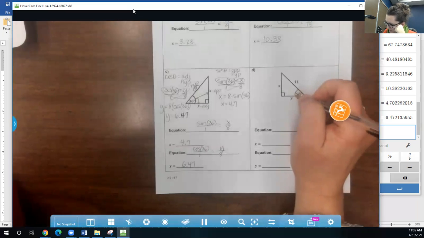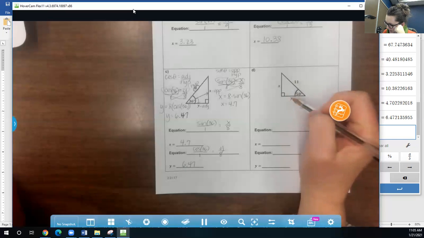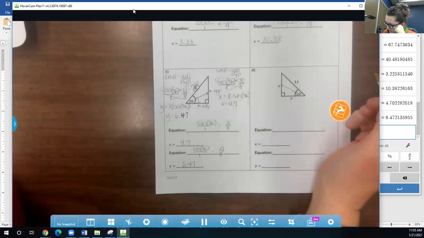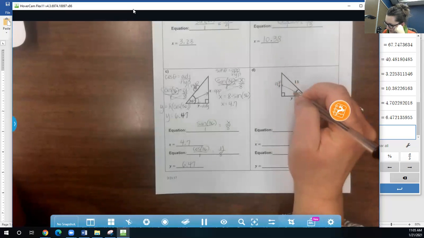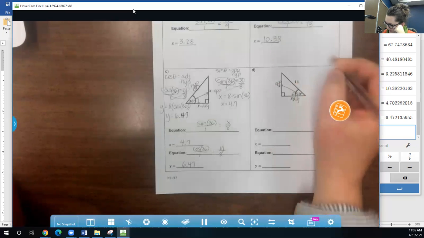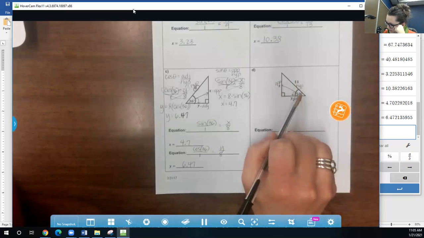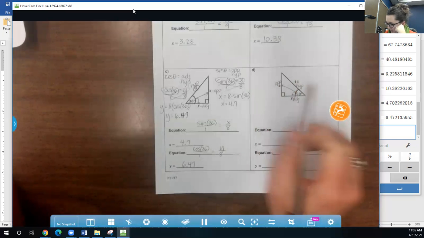We're going to be starting with our angle, right? Always start with your angle. And I'm solving for x and y. So x is across the triangle, so it's my opposite value. And y is my adjacent value, and 11 is my hypotenuse. So to solve for x, I have opposite and hypotenuse.